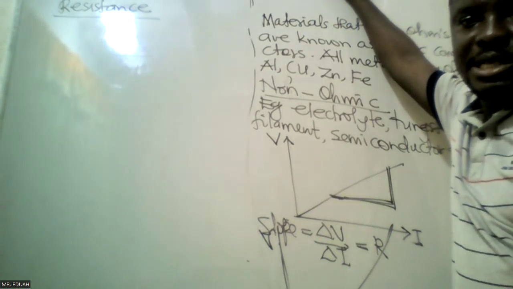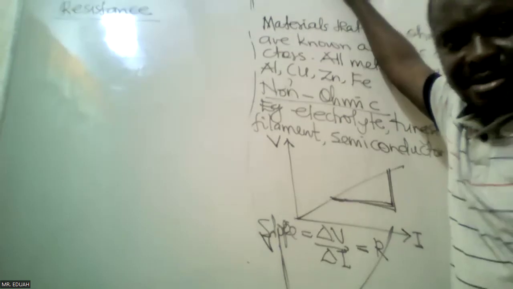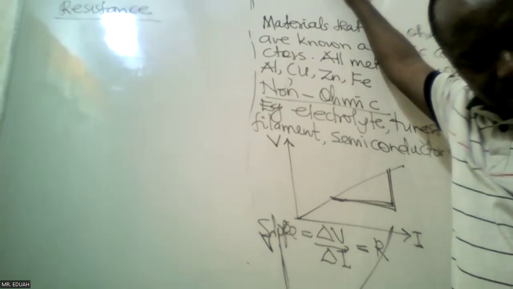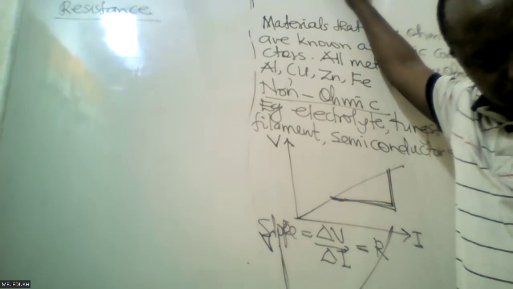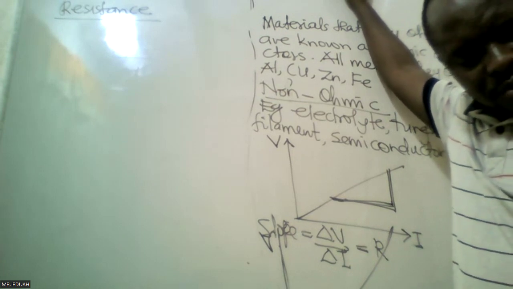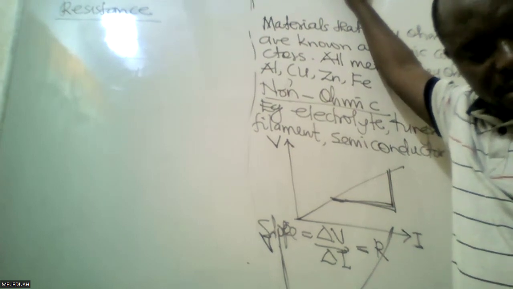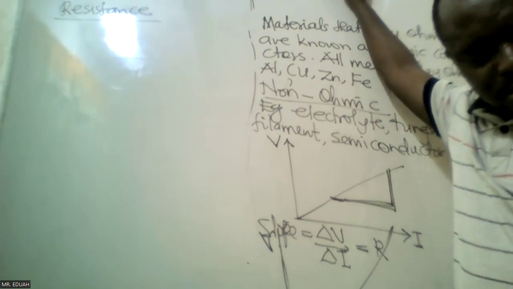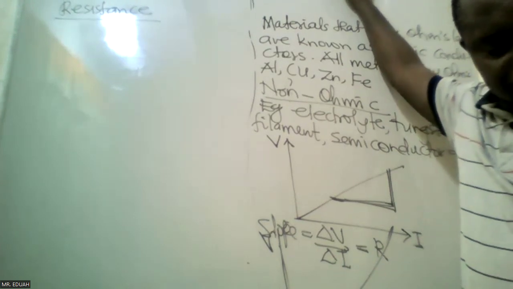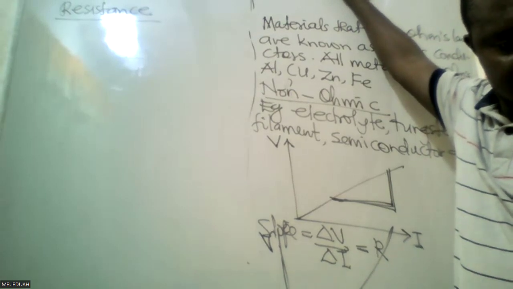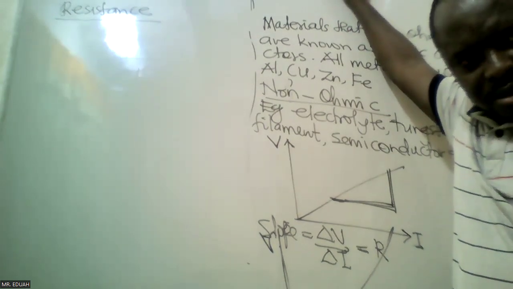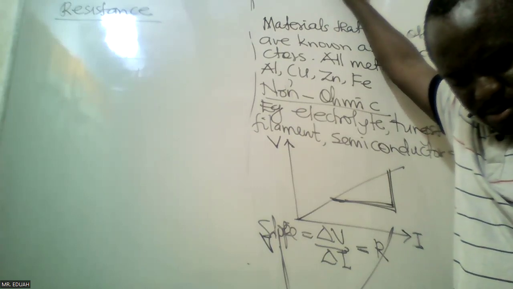I think resistance is the ability of the resistor to resist the flow of electric current or control the amount of electric current. Okay, what do you also think? I think that resistance is the opposition of flow of current in a circuit or conductor.